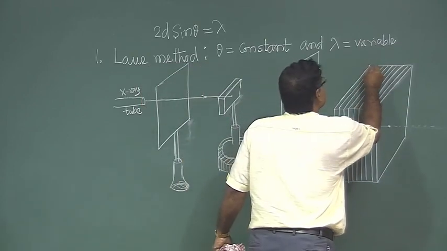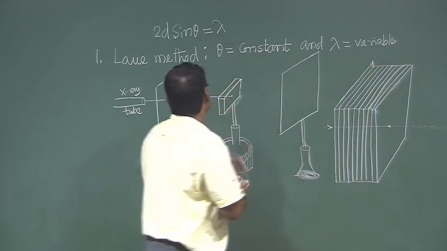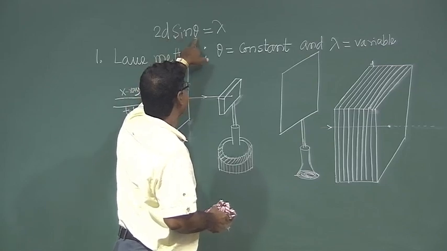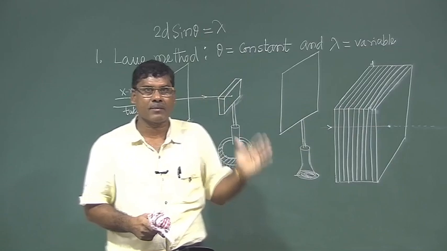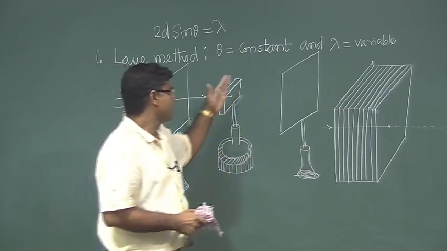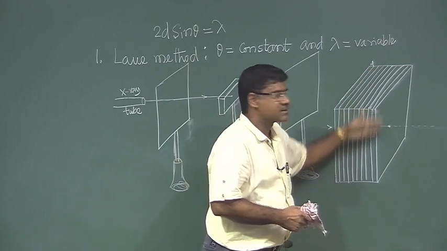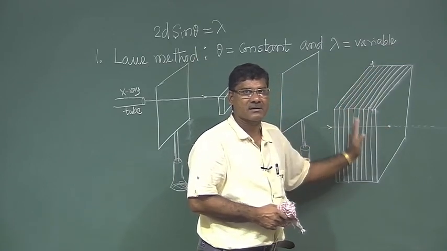It has a particular d spacing. For that d, this angle is fixed, because I am not rotating the crystal, it is in a fixed position. So it will make angle theta with this set of parallel planes, and that is constant.